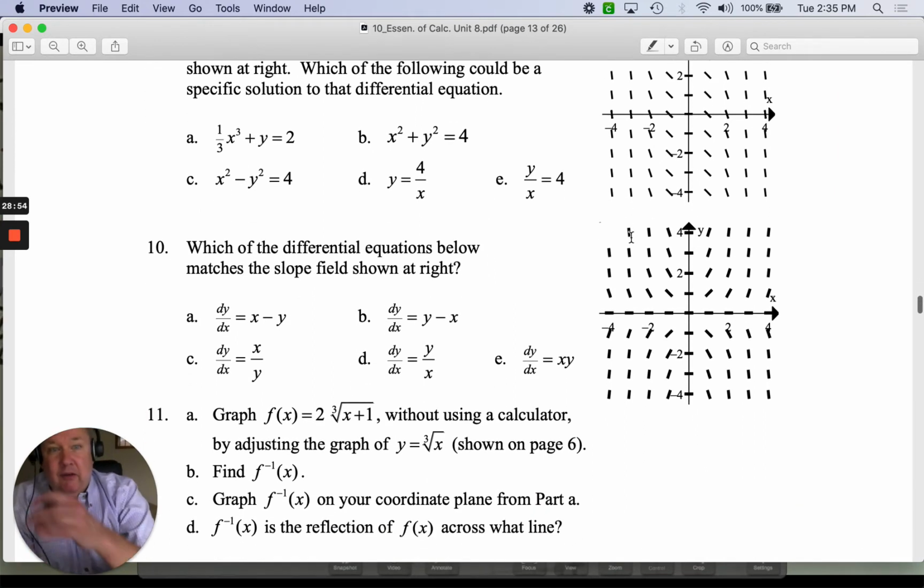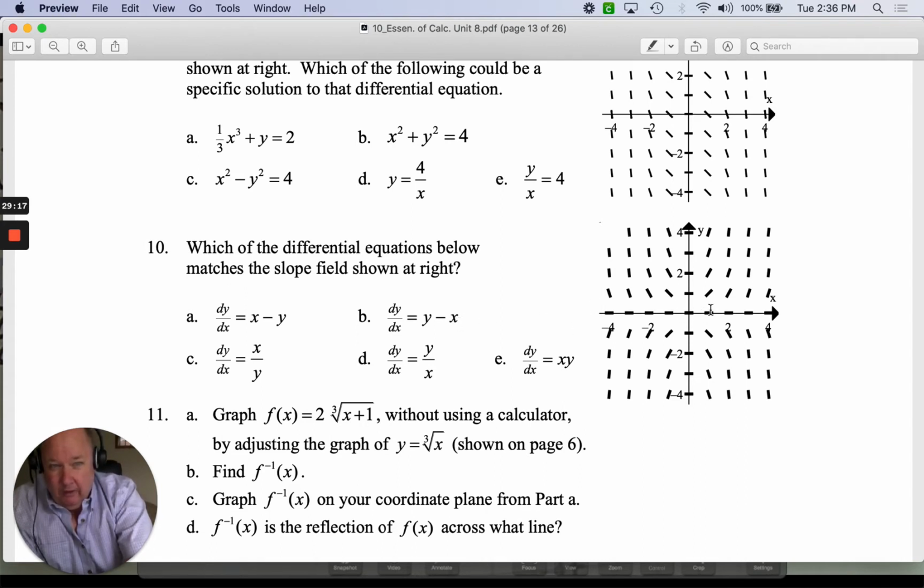For number 10, you have a slope field. And which of these diffie-q's could match it? So there's nothing that's undefined. So therefore, C and D are gone because we have undefined values. The difference here, pick a point and see if it would work or not. So like right here at 0, 0, the answer should be 0, which it is.